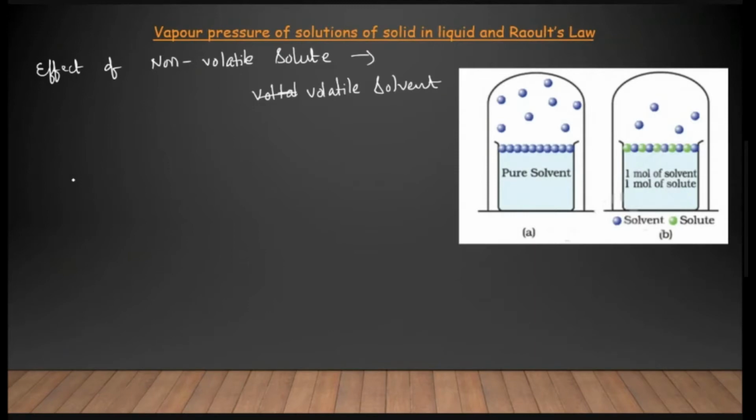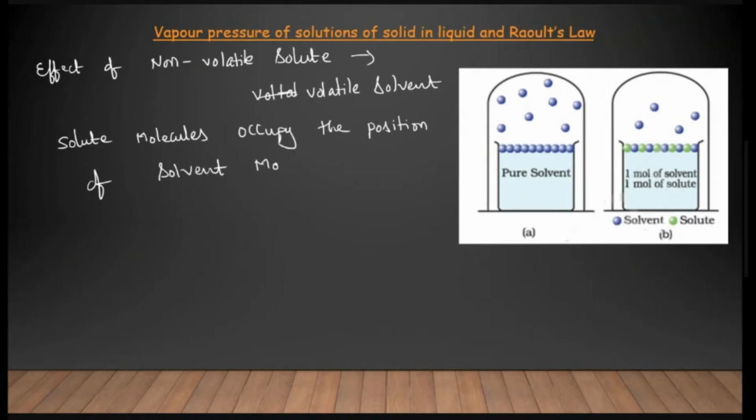Basically, when you dissolve a non-volatile solute into a solvent, some of the solute particles come and occupy the position of solvent molecules on the surface of the solution.